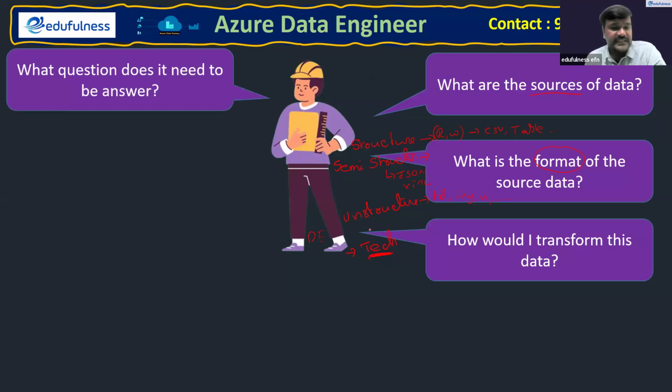Then, very importantly, what question does it need to answer ultimately? Very, very important. What does that mean? Suppose you need monthly customer sales, how much each customer buys from your store per month. If those are the details you need, then accordingly, from the on-premise, the original source, you need to fetch the data, and your development should be accordingly. Then you generate the reports.